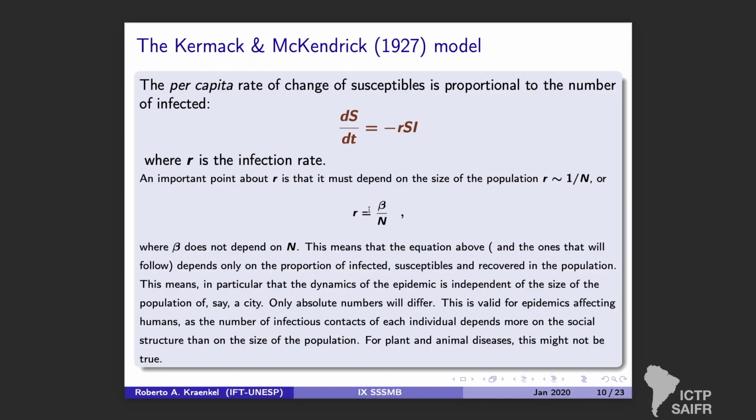So the first thing is we will assume that the per capita change of susceptibles is proportional to the number of infected, which means that per capita, 1 over S dS/dt, is just proportional to the number of infected. Okay? So that's one point.